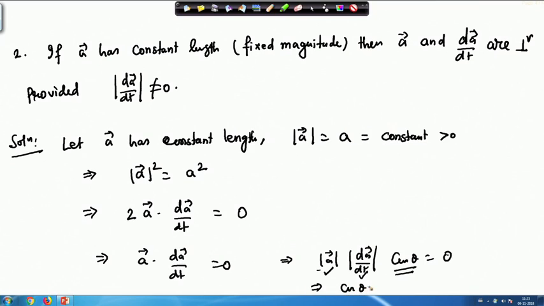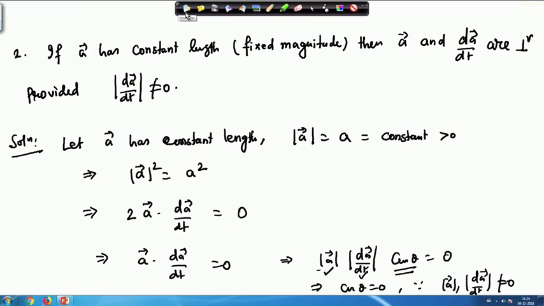From here, we get that theta equals pi by 2. That means these two vectors are perpendicular to one another. Therefore, the condition is necessary, and we can also prove that the condition is sufficient.